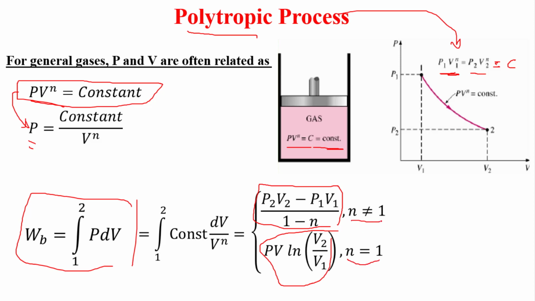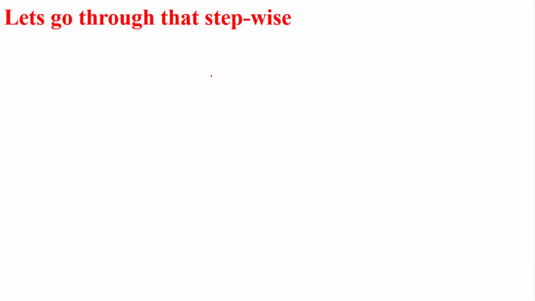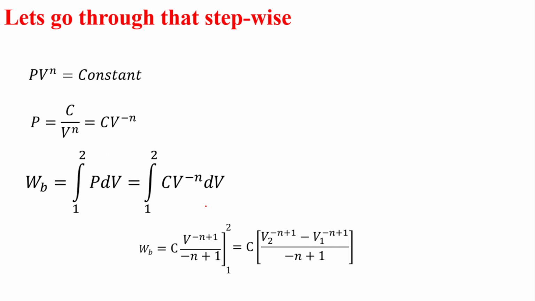If it is not equal to 1, then this is the result. Because here in the denominator, if n does not equal 1, we'll get this answer. If n equals 1, then the integration of 1 over V gives ln V. So this is the step by step derivation.